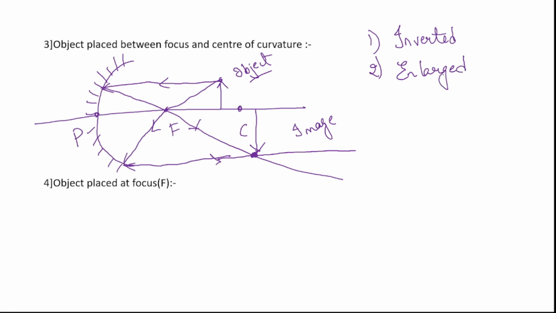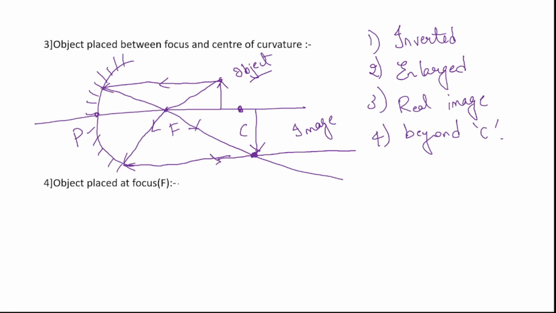Next, it is a real image. It can be seen on the screen. Next, the image is formed beyond the center of curvature, right? So these are the four characteristics of the image when the object is placed between focus and center of curvature.